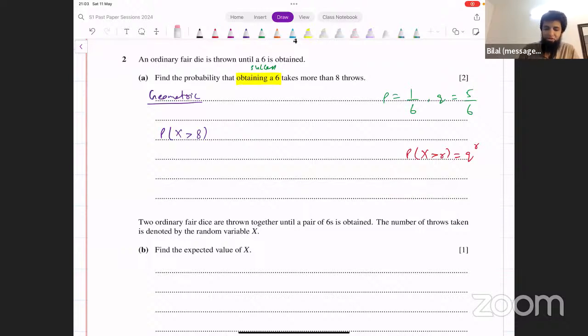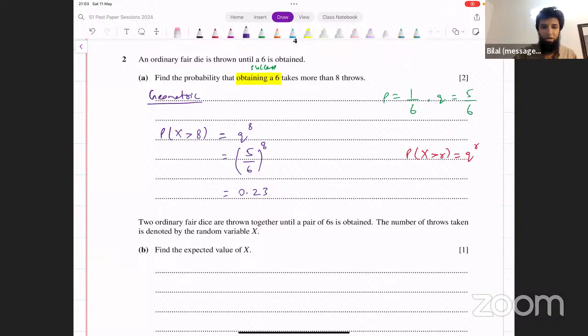So in this case, it's already in that required form, probability of X greater than 8. That gives you q raised to power 8. Q is 5 over 6, so that's 5 over 6 raised to power 8. You can see what that turns out to be. That will be the probability. Okay, what's this number? 0.23256.